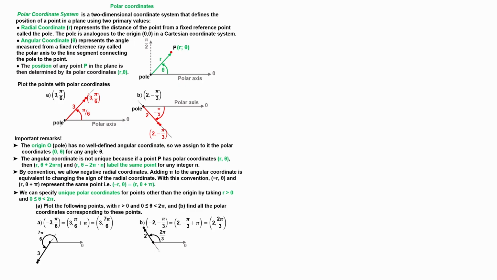To solve part B, we must add 2 pi times n to obtain all the polar coordinates of these points. While rectangular coordinates are excellent for representing some linear relationships and motion, polar coordinates are excellent for describing others.